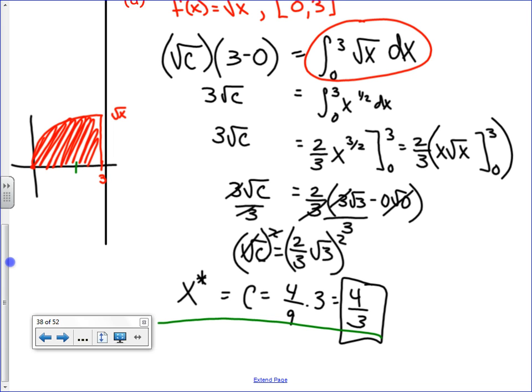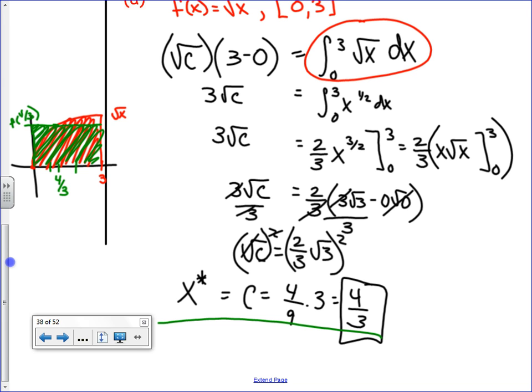Well, what is so stinking special about 1 1/3? There exists a perfect rectangle such that at 4/3 going up to f of 4/3, this rectangle's area is the exact same area as the interval. Yep. That's what MVT for integration does. At 4/3, that rectangle, that geometric shape, is the exact same thing as the area of the curve square root of x between 0 and 3.